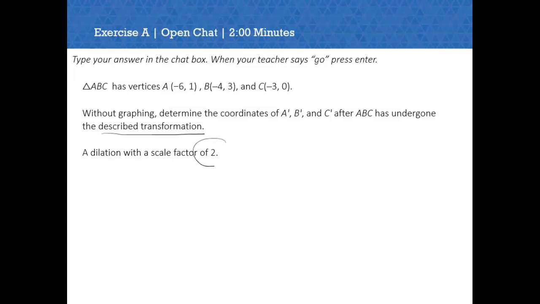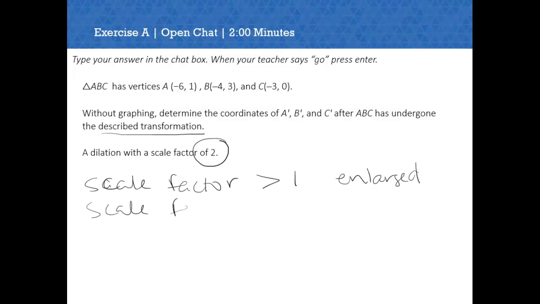So when the scale factor is greater than 1, the image is enlarged. When the scale factor is less than 1, it's not enlarged, but it has shrunk. So it's smaller.